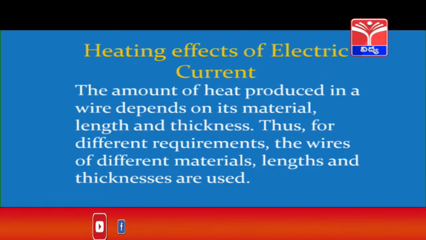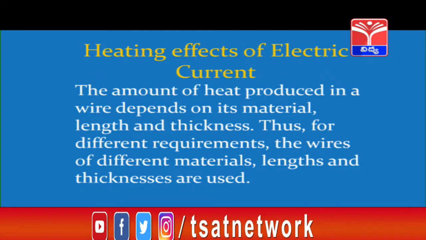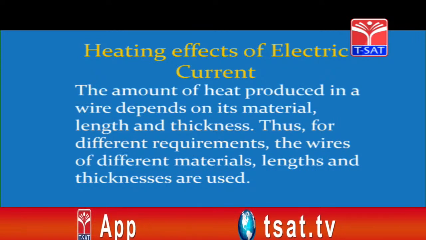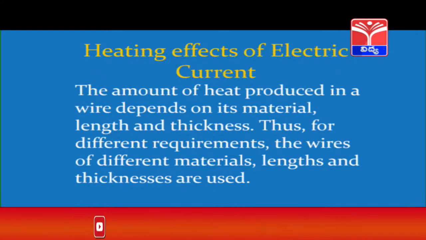Now, the amount of heat produced in a wire depends on its material, length and thickness. The more the thickness, the more heat it will radiate out. Thus, for different requirements, wires of different materials, lengths and thicknesses are used.